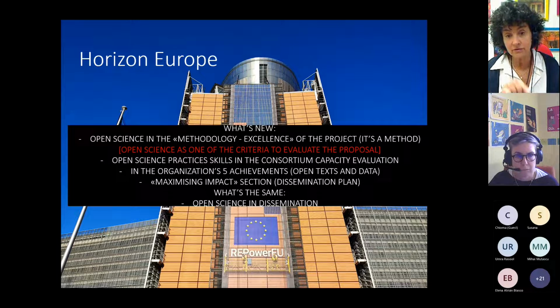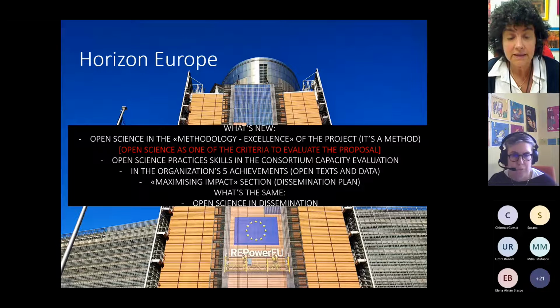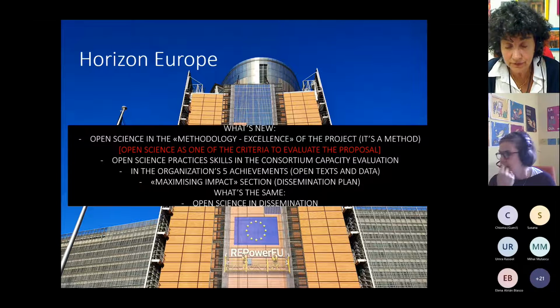So under the methodology excellence part of your proposal, you have to put all you are going to do with open science practices. Then you will have to show the skills in the consortium capacity. So again, it's part B, point 3.